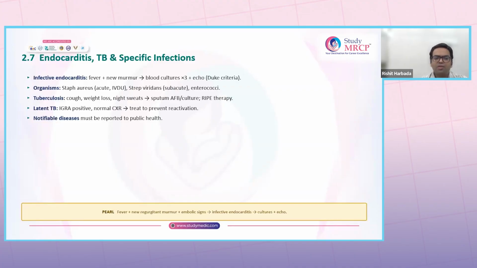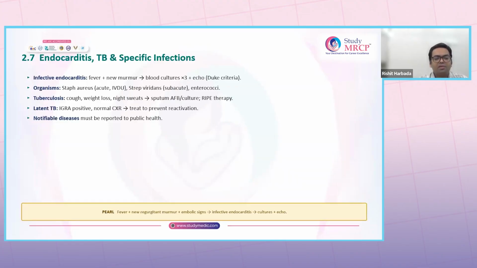Obviously, in infective endocarditis, you will be seeing a new murmur or a changing murmur. You will see heart failure. You will see peripheral signs like splinter hemorrhages. You will see Janeway lesions and Osler nodes, etc., or Roth spots in the retina, which are commonly seen in retinal hemorrhage, which is extremely important. And you treat it accordingly.